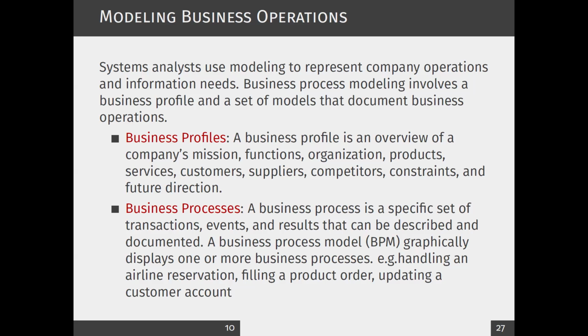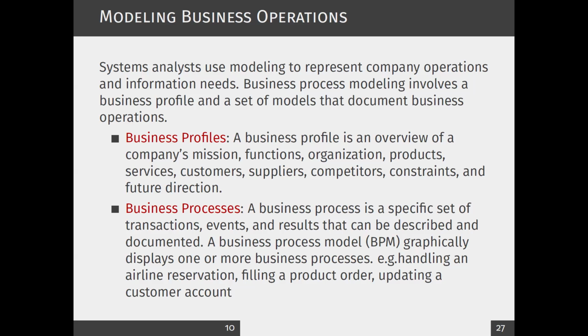But you need to understand first, there should be a business profile, right? Any organization has a profile. Profile means what is the company's mission, right? For example, a typical university's mission is that they want to excel in education, isn't it?